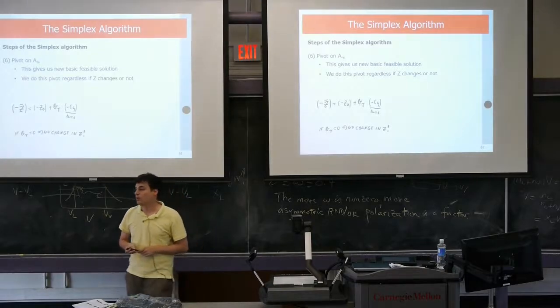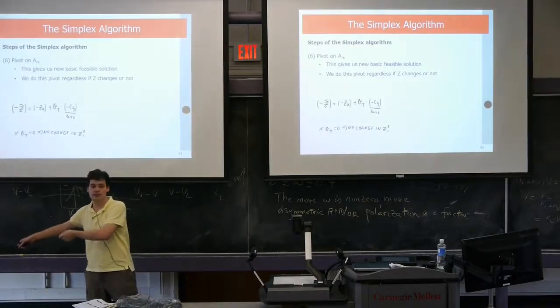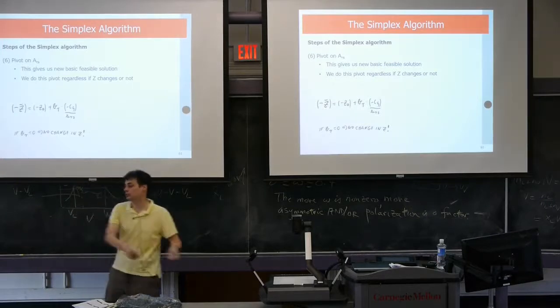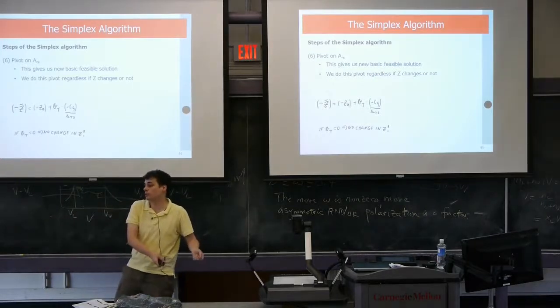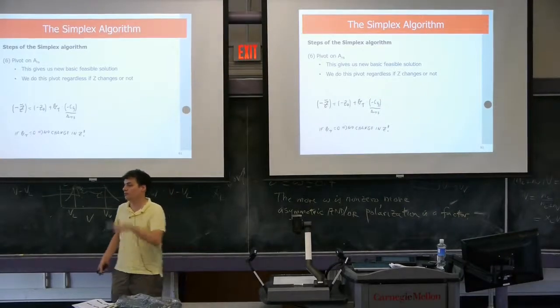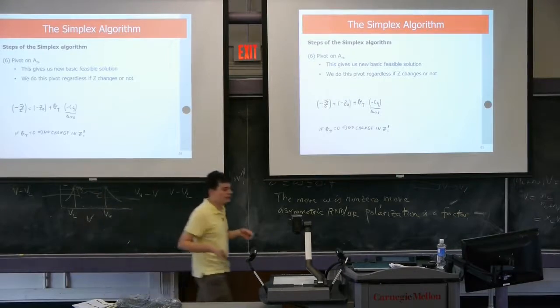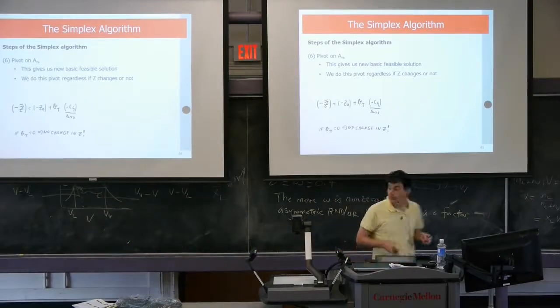And that's a problem, because if you do this pivot, you go to a basis, your cost function doesn't change, and you can go back to a basis set where you have already been, and you would get into a loop. So you need to handle that. And there are some rules for how to handle it.